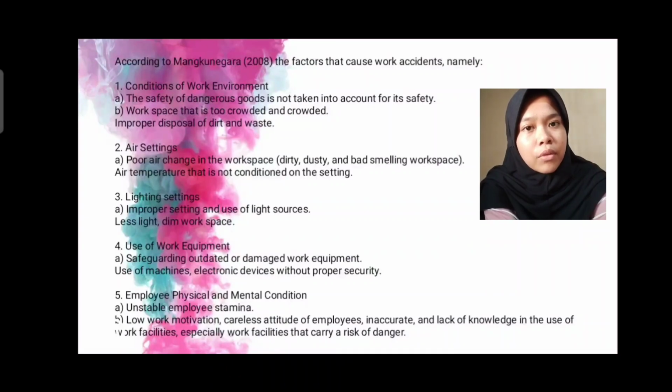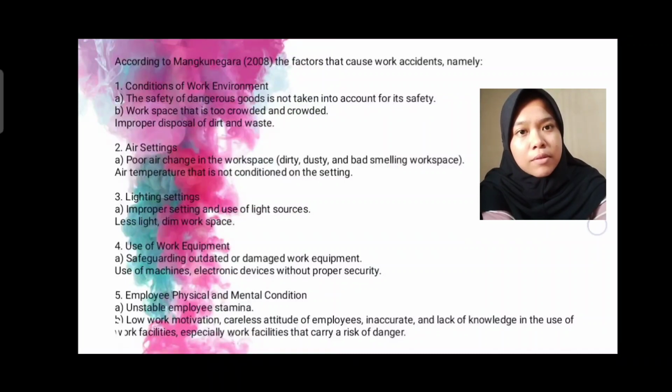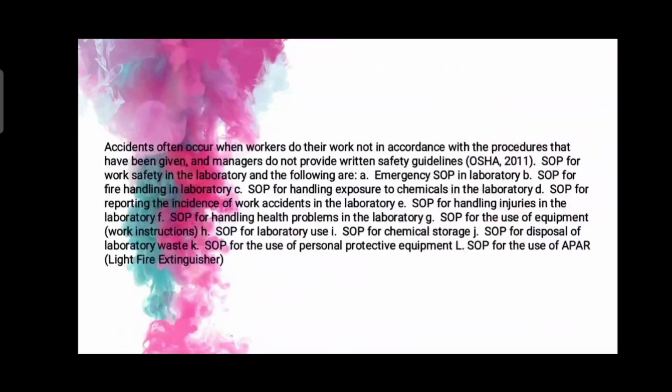B. Low work motivation, careless attitude of employees, lack of aggression, and lack of knowledge in the use of work facilities that carry a risk of danger. Work facility inspection. Accidents often occur when workers do their work not in accordance with the procedures that have been given and managers do not provide written safety guidelines.